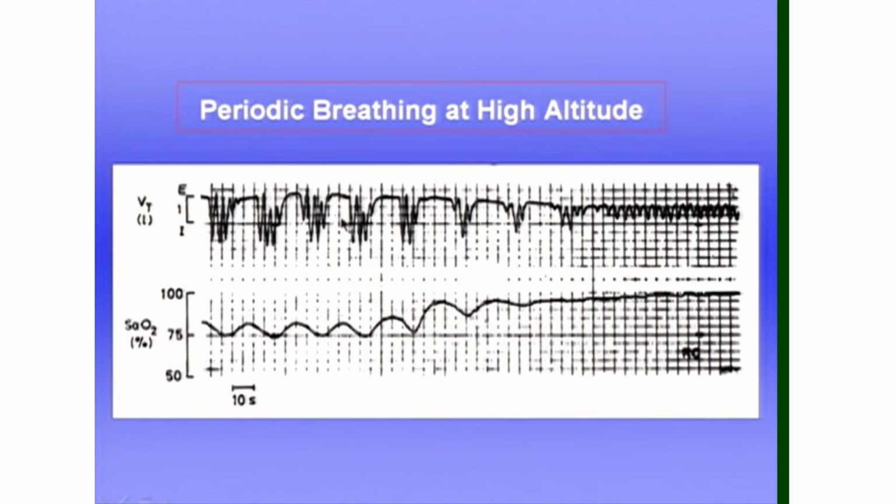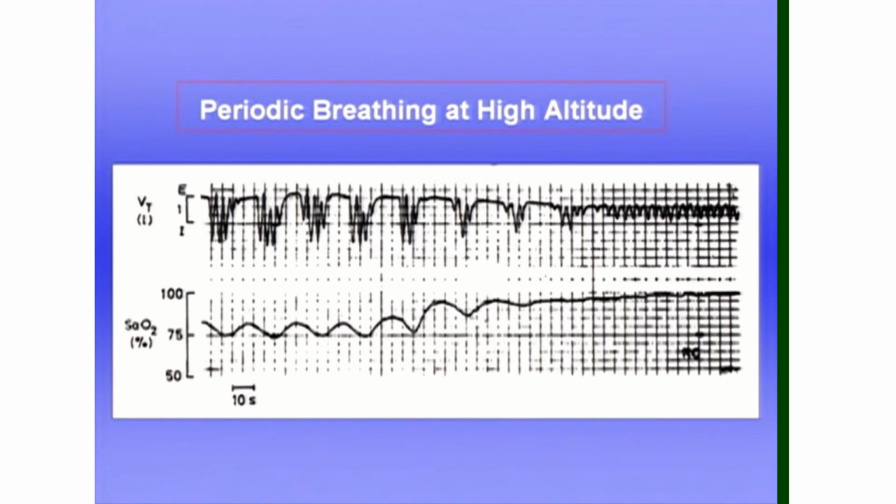It's almost universal at high altitude in normal subjects. You can see that in this particular tracing, someone was measuring the arterial oxygen saturation using an oximeter. That's a device that measures the color of the blood, and you can put a pulse oximeter on your finger. You can see that the saturation fluctuates with the same rhythm as the periodic breathing, as you would expect, so that after the apneic periods, the saturation falls.